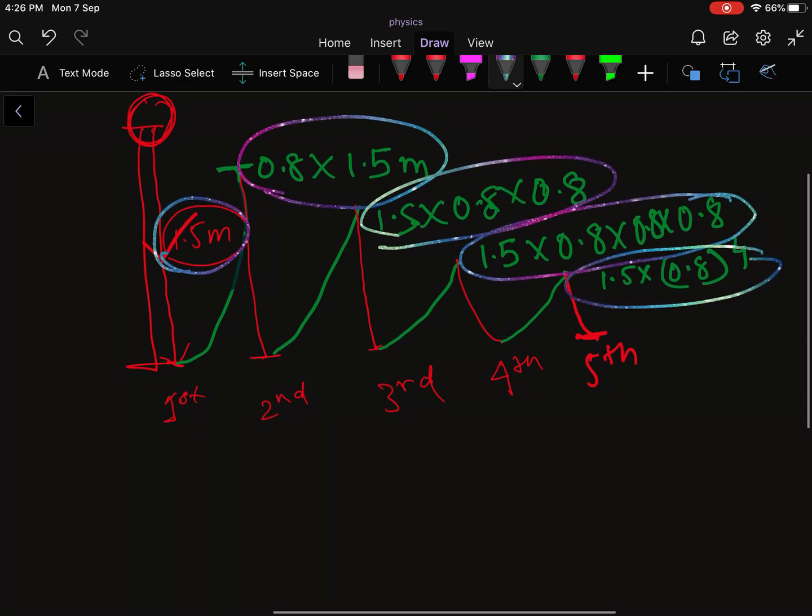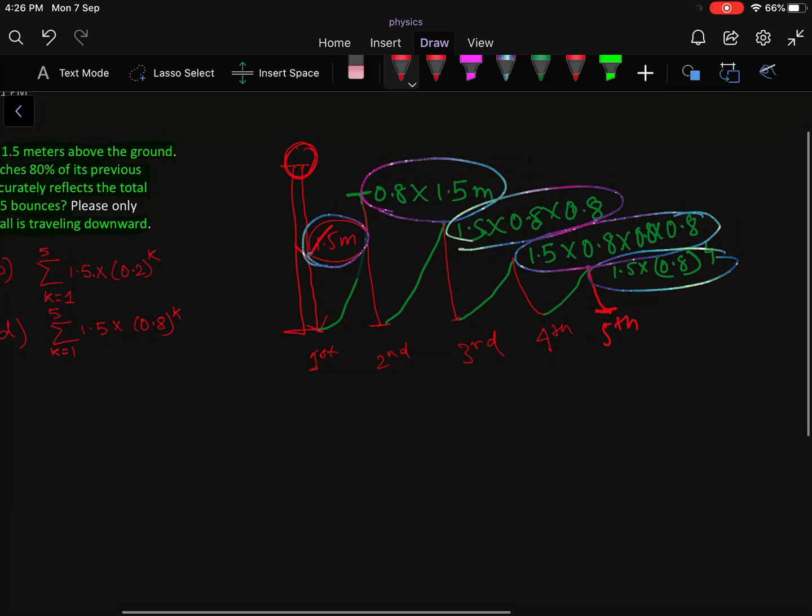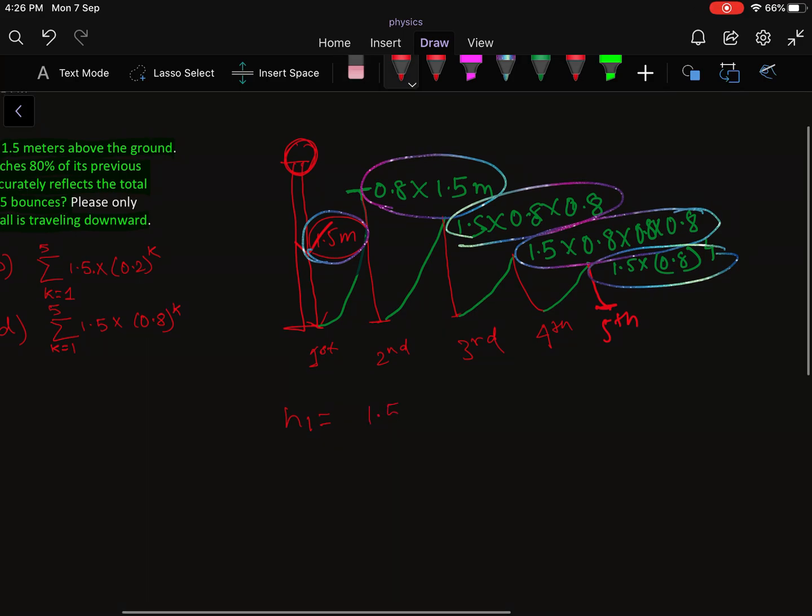You can see a pattern. Till the first bounce it has traveled h1, which is 1.5 meter. H2, till the second bounce, it will travel 1.5 into 0.8 meter. Similarly H3 is 1.5 into 0.8 square meter.